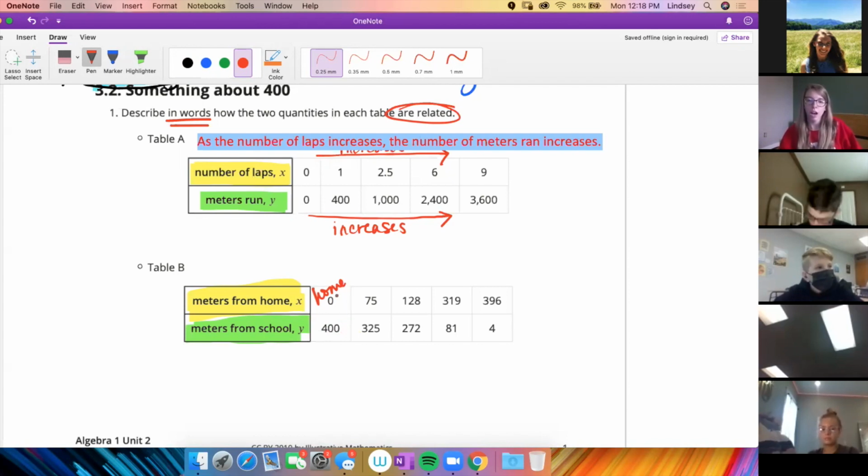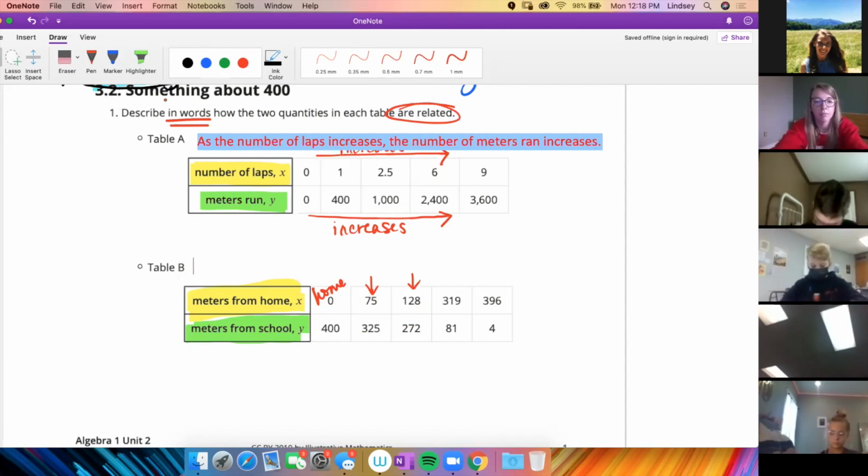Good. All right, so what's happening when we go to 75? Our meters from school decreased to 325. Okay, so then what happens when our distance from home increased again? We're getting closer to the school, so we're 272 meters away from school. Okay, so let's put that into words.